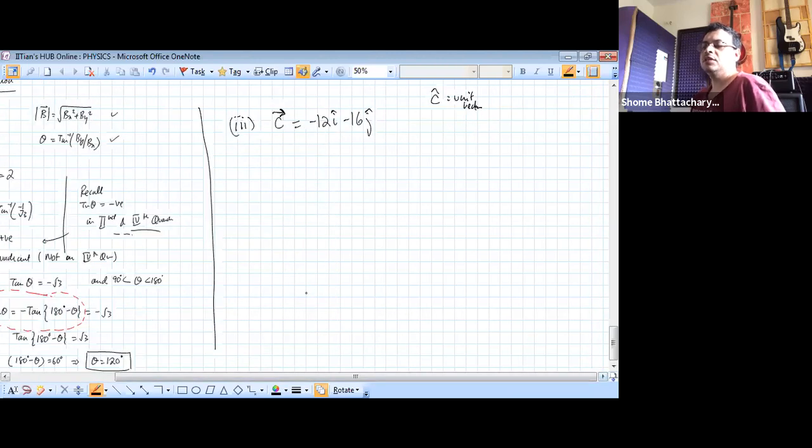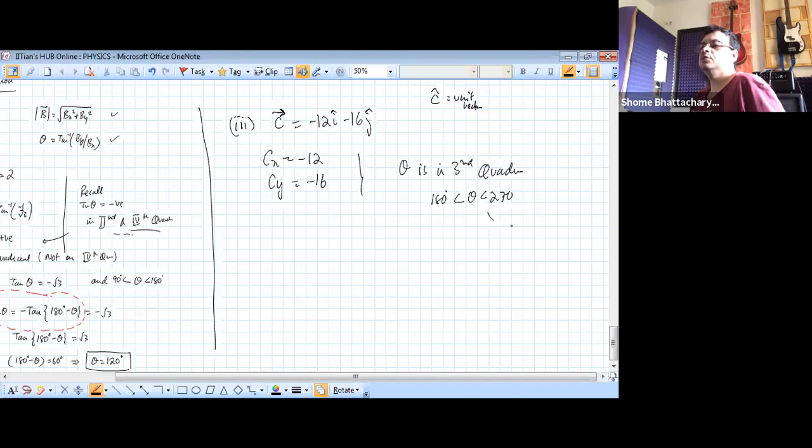Now this one, let us understand formula based. So x component is minus 12, y component is minus 16. That means theta is in the third quadrant. Theta is greater than 180, less than 270.